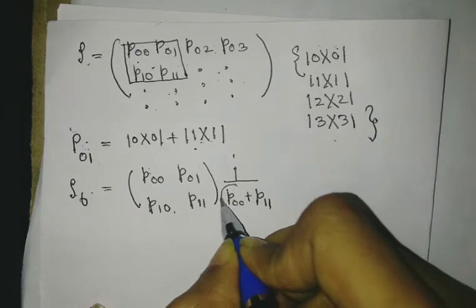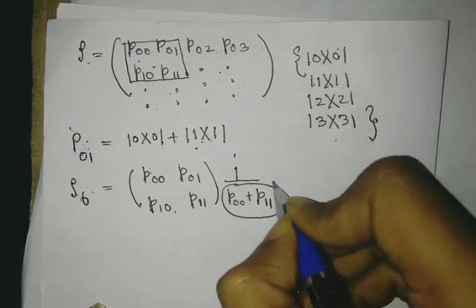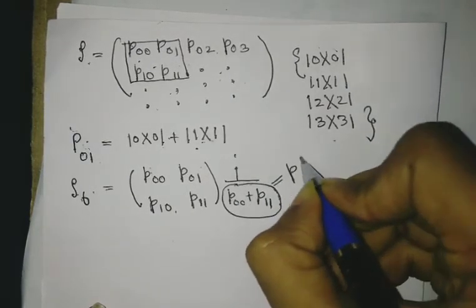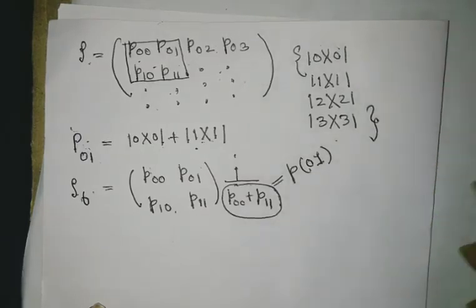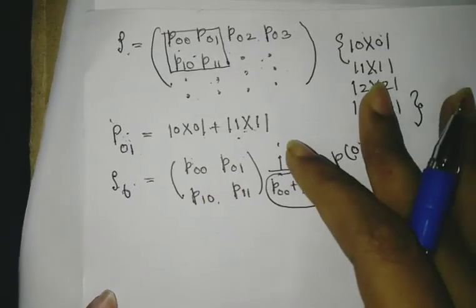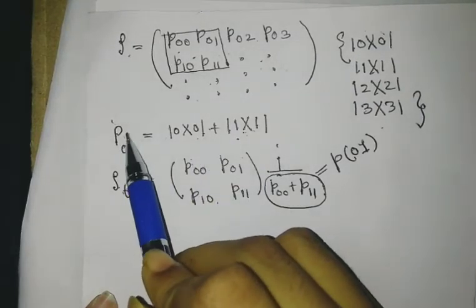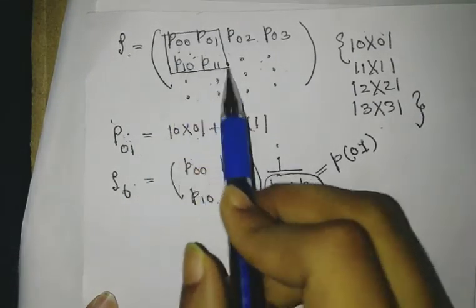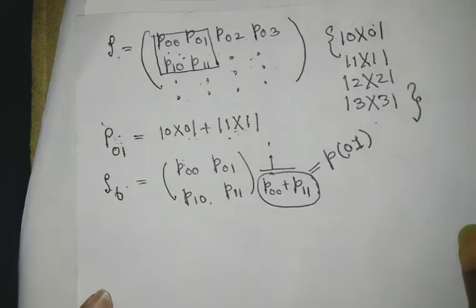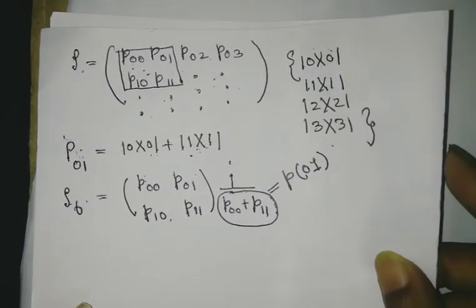It is nothing but this. So this projector P01 says what is the probability that I get both 0 and 1. This is one of the examples.